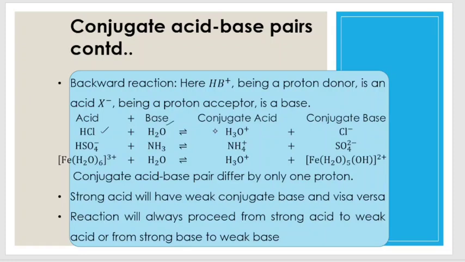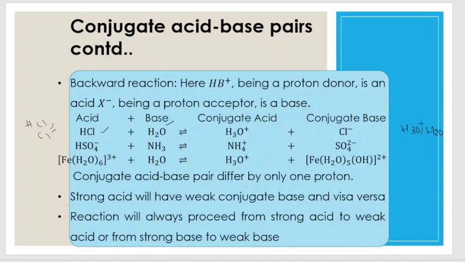HCl converts into Cl minus, so HCl and Cl minus are a conjugate acid base pair. In the same reaction, H2O and H3O plus act as a conjugate acid base pair. Similarly, you can write the remaining pairs.